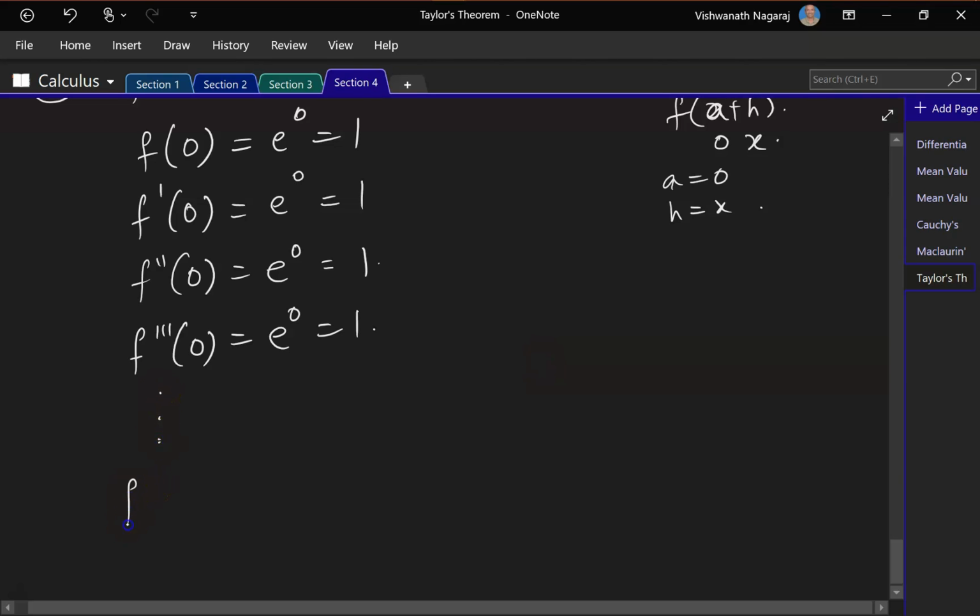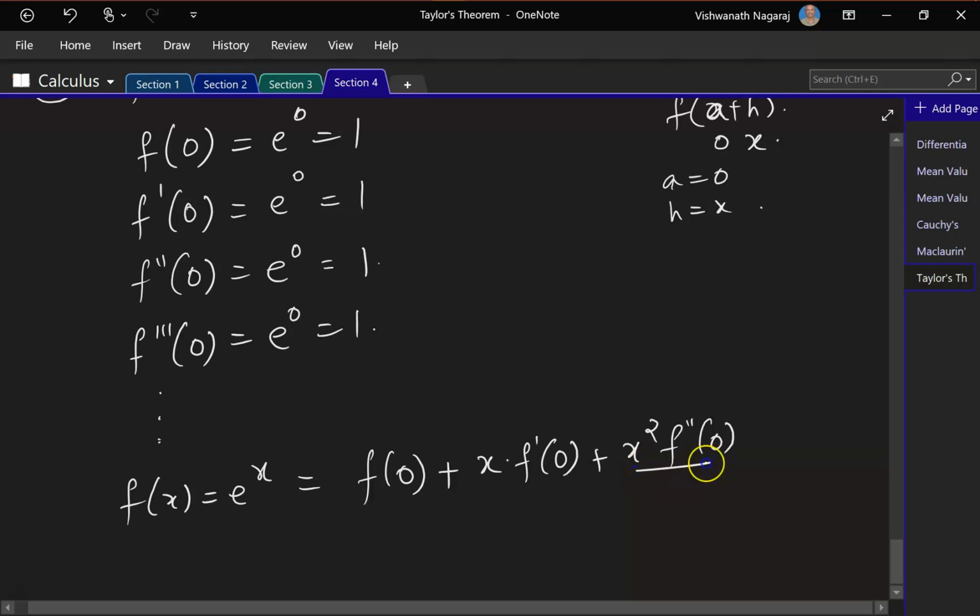So our function f of x equal to e to the power of x can be written as f of 0 plus, remember h is x, so x times f prime of 0 plus x square by 2 factorial f double prime of 0 plus x cube by 3 factorial third derivative and so on.